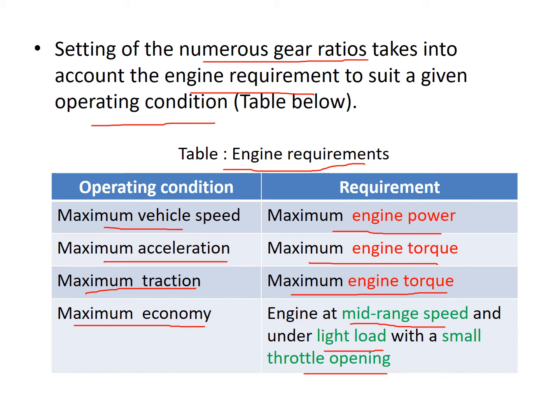So the engine must be at mid-range, where the load of the engine is not so big, and usually for this condition we just need a small throttle, or a small amount of fuel to be burned to make the engine move. So this kind of condition must be understood before you choose a gear ratio.